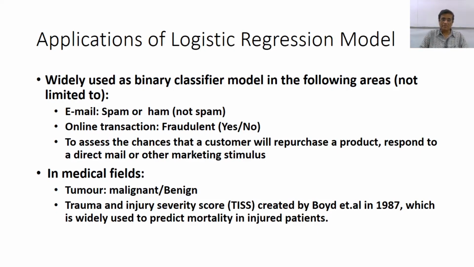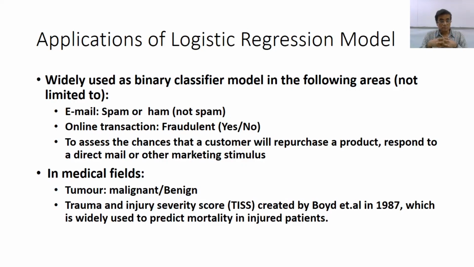All kinds of models you can create using logistic regression and benefit from. In the medical field also you can use it as a classifier, for example, whether a tumor is malignant or benign.